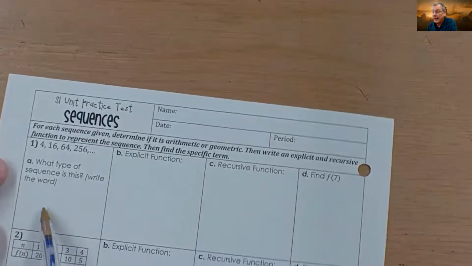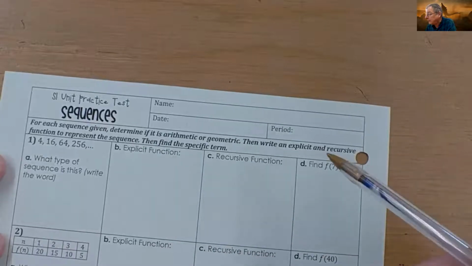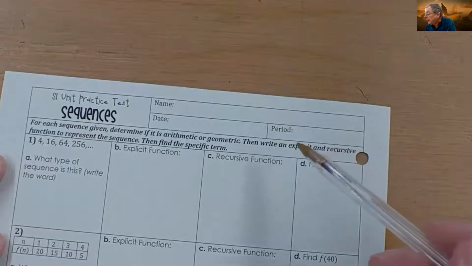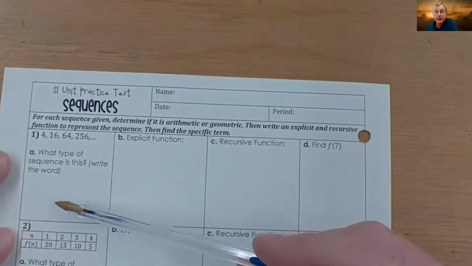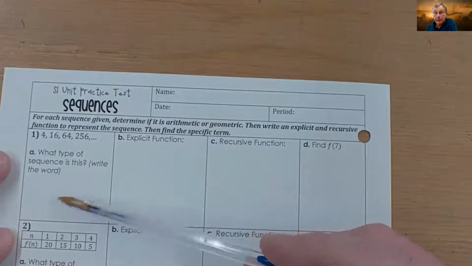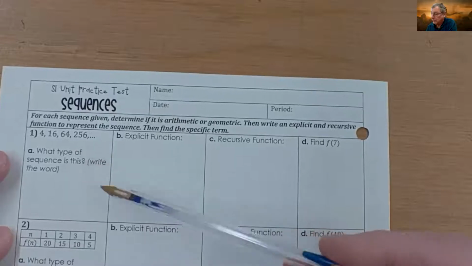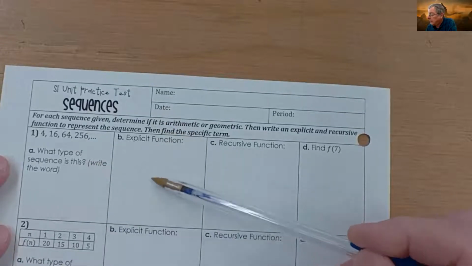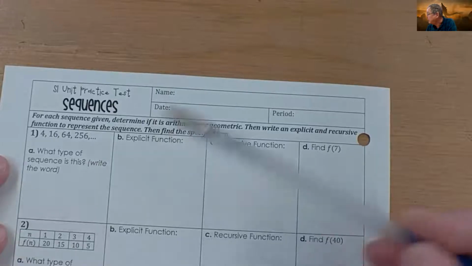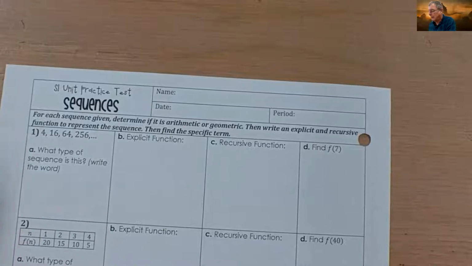You'll write that here, geometric or arithmetic, and you're also going to tell me D or R. The test will be just like this, as you know. Then you're going to write the explicit function, recursive function, and find the term that's required.